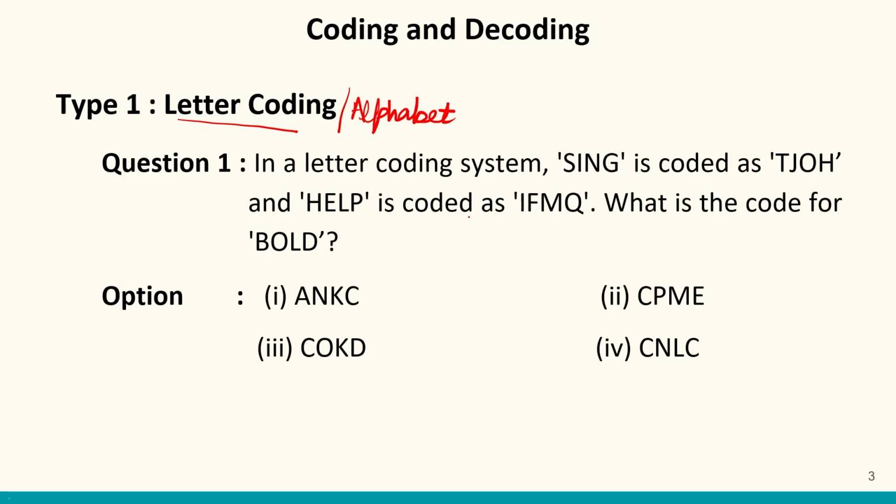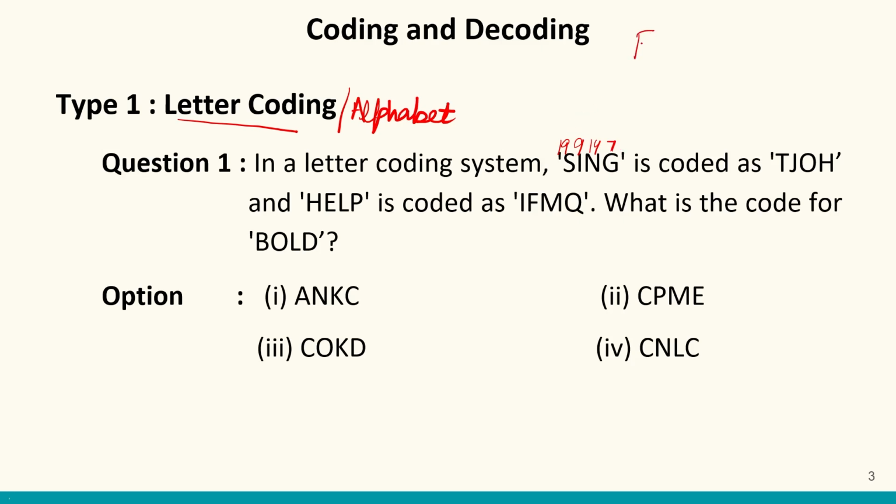So here is the question. If sing is coded as TGOH, help is coded as this. So we have to find the code for bold. Simply we will write the ranks of these letters. S is ranked at 19, I is ranked at 9, N is ranked at 14, and G is ranked at 7. We already know the forward ranks by now.